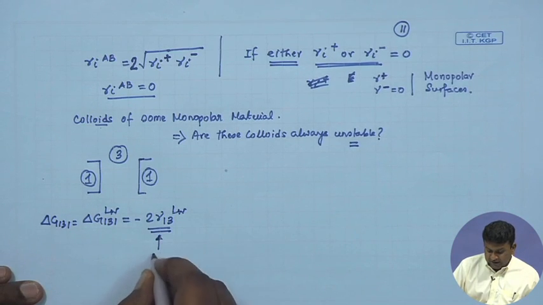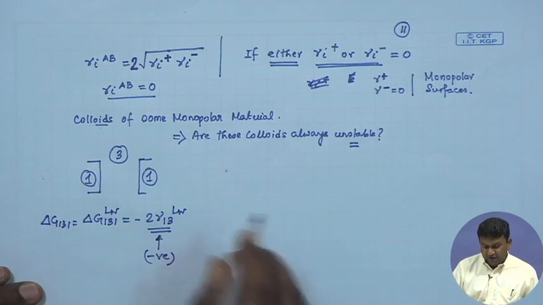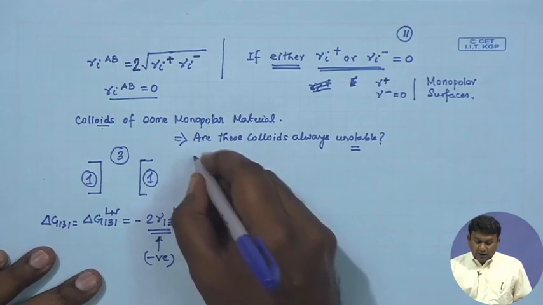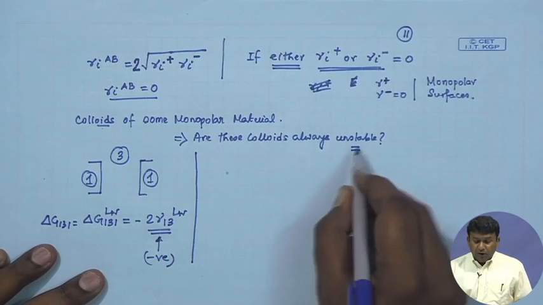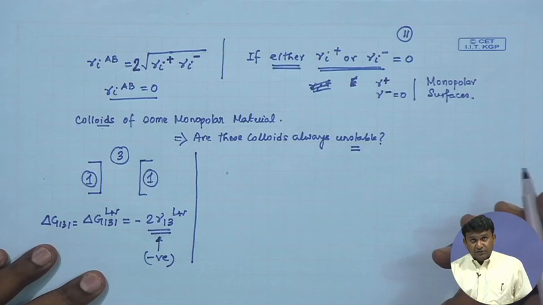This is always negative, this term is always negative, and therefore colloids are never stable. So, for monopolar colloids, is it the same situation?